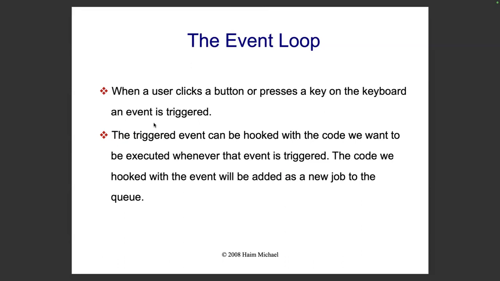The single thread is not paused because it needs to wait for something to happen. That doesn't happen. The single thread simply goes from one job to the other without any pause, without stopping.